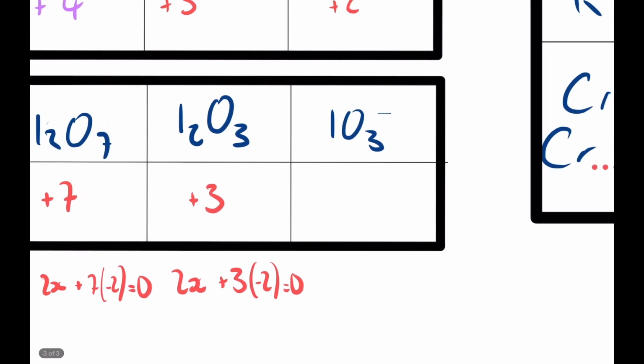Last one, IO3 minus, got 3 lots of -2, the whole thing equals -1, only got one of these, so we've got -6 here, so the iodine must be +5 in this case.